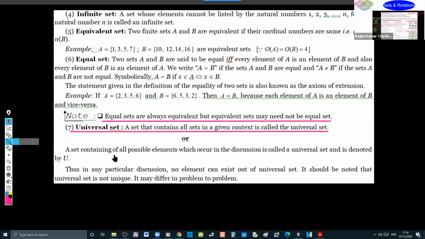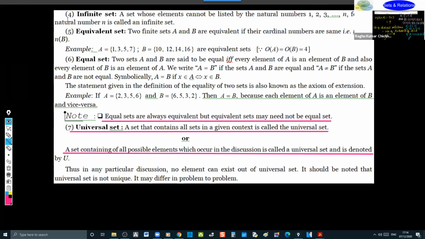A set containing all possible elements which occur in the discussion is called the universal set and is denoted by U. Thus, in any particular discussion, no element can exist out of the universal set.